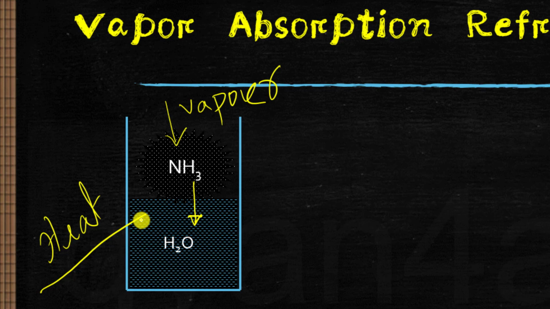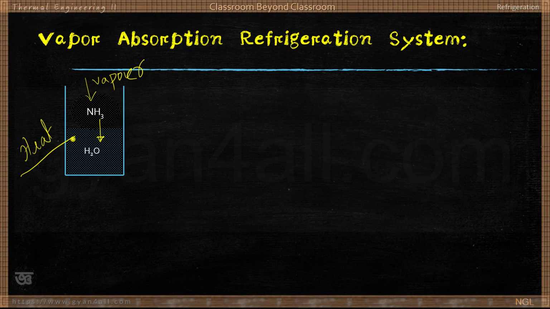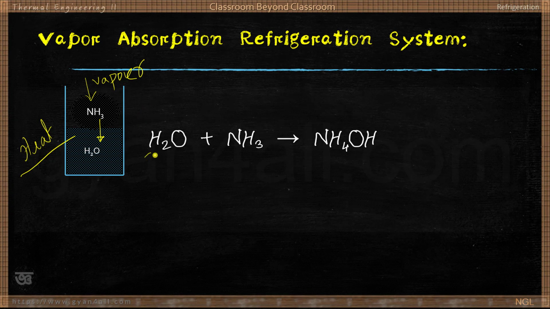So basically this is a chemical reaction, and the reaction goes like this. One molecule of water combined with one molecule of ammonia will produce ammonium hydroxide.